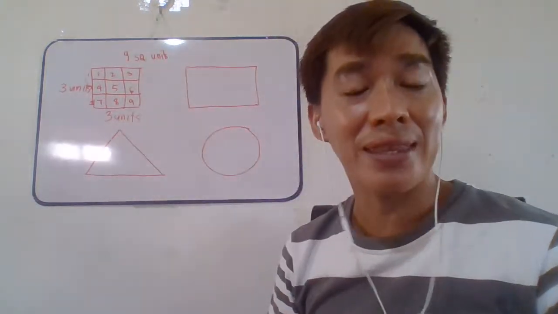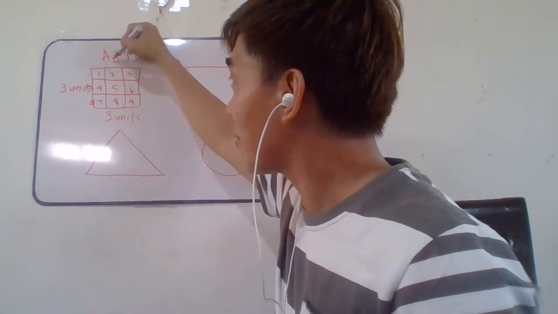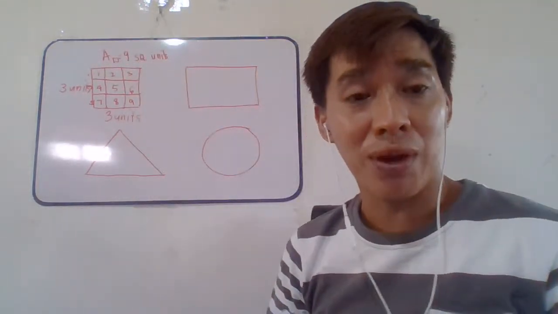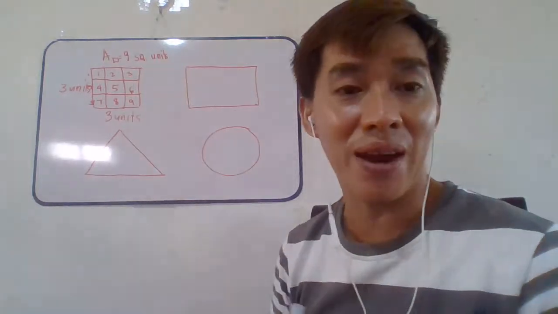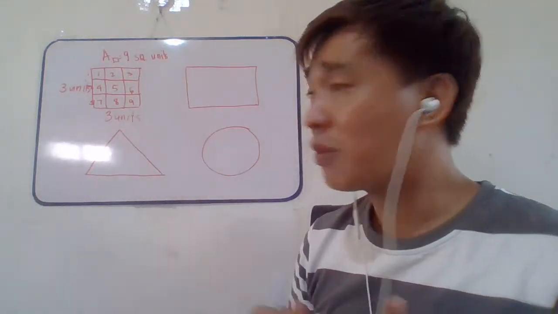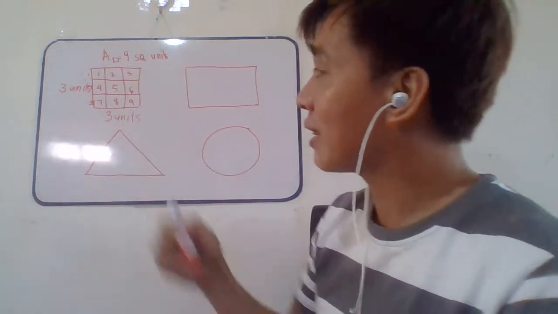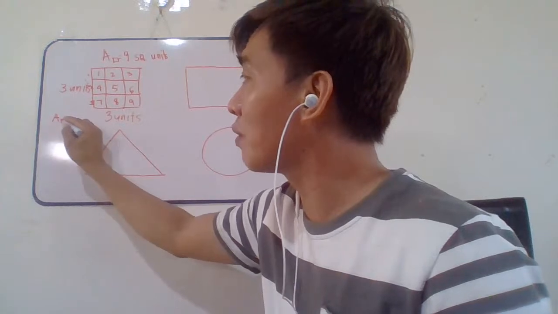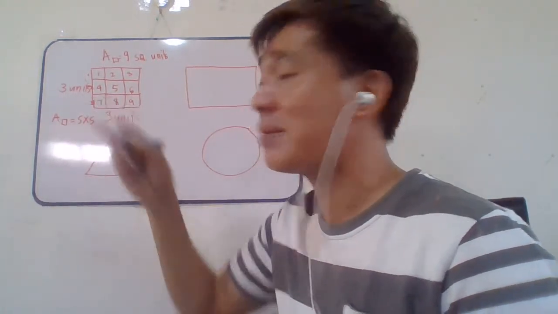So that's how we get the area of the square. The area of the square figure here is 9 square units because it is very visible that there are 9 square units. Now, of course, ang nabalaan lang yan natin is the shortcut: if we are solving for the area of the square, you just multiply side times side.